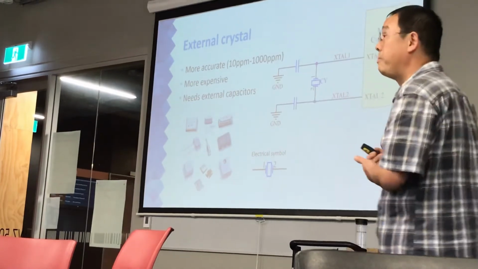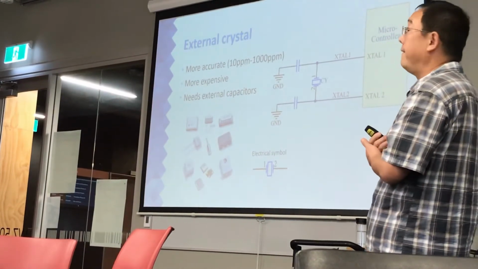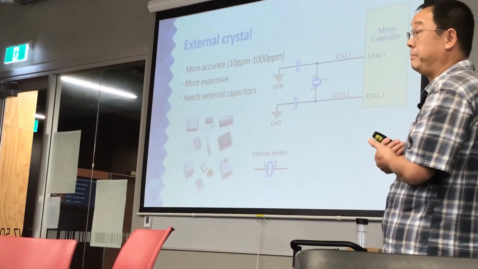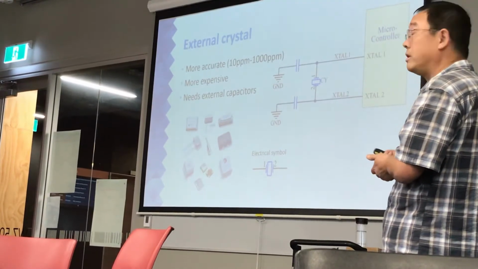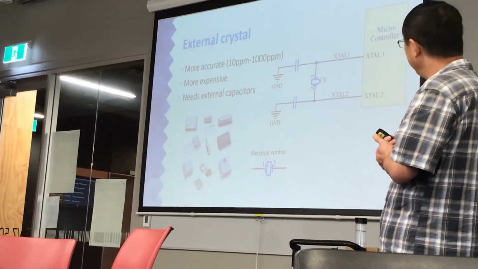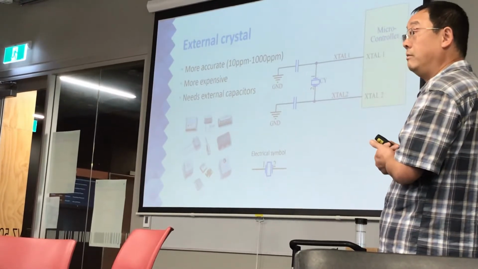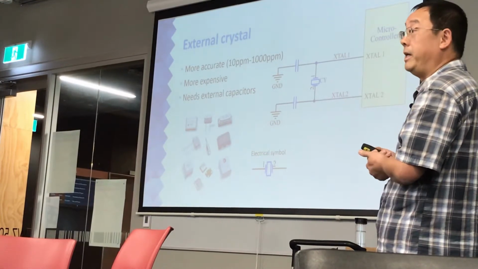How much does it cost? Like $3 or $2? That depends on the accuracy. You can buy a crystal for $3, but the accuracy is probably 500 ppm. If you pay like $12, you can get 10 or 15 ppm.